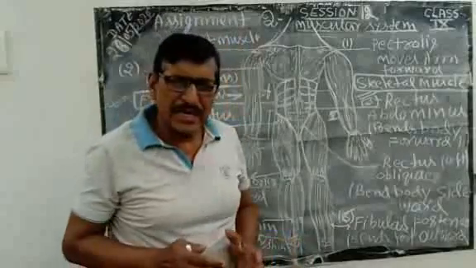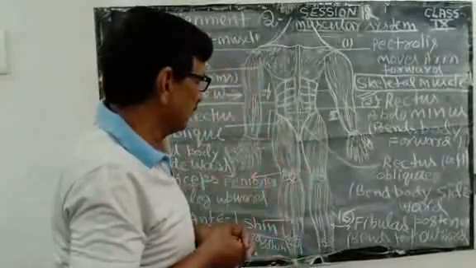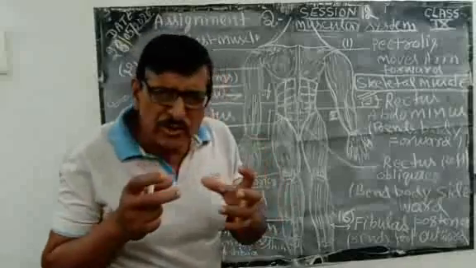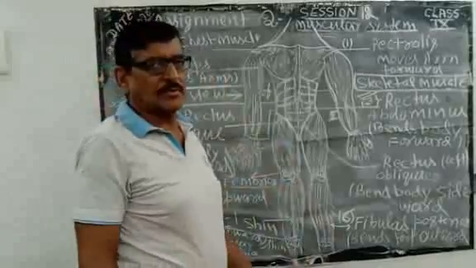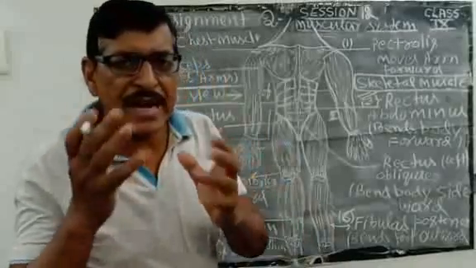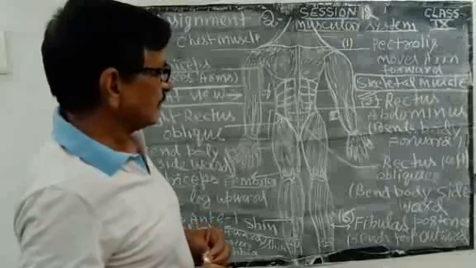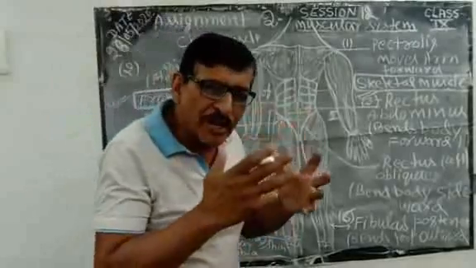We can see the rectus abdominis muscles. It helps to bend the body forward.